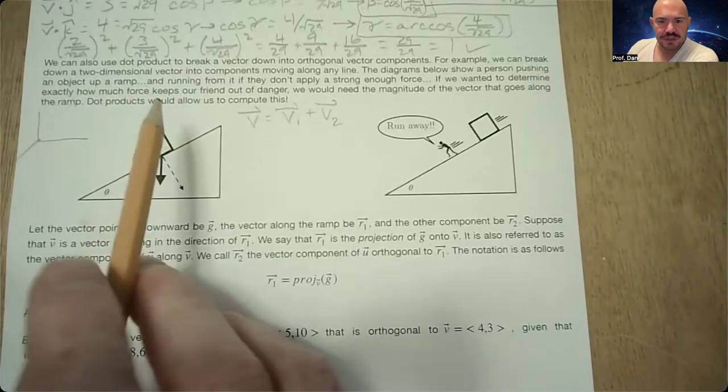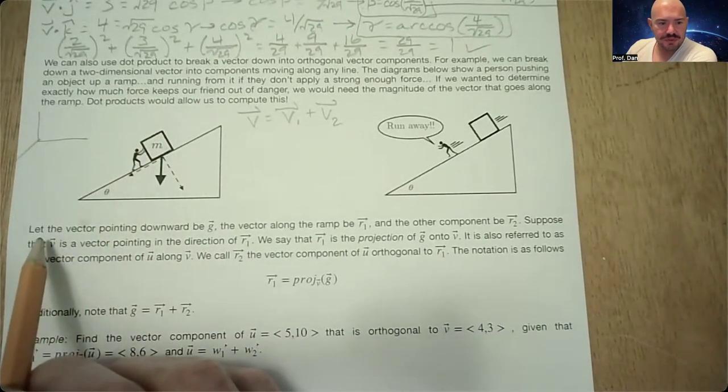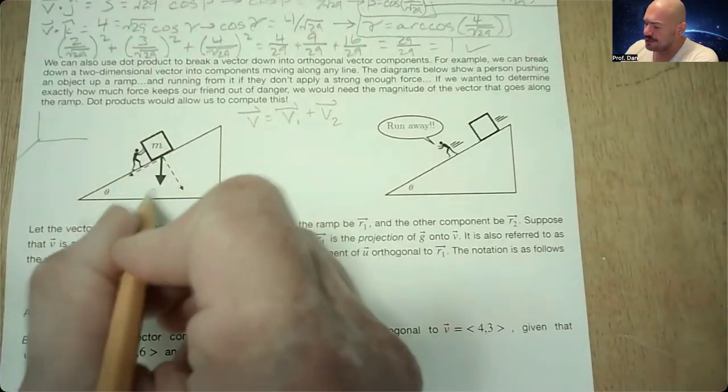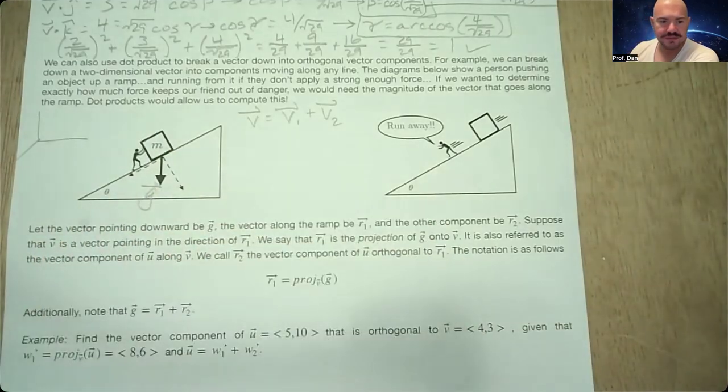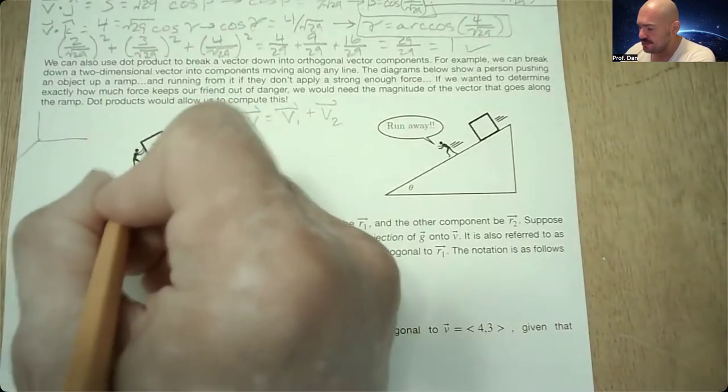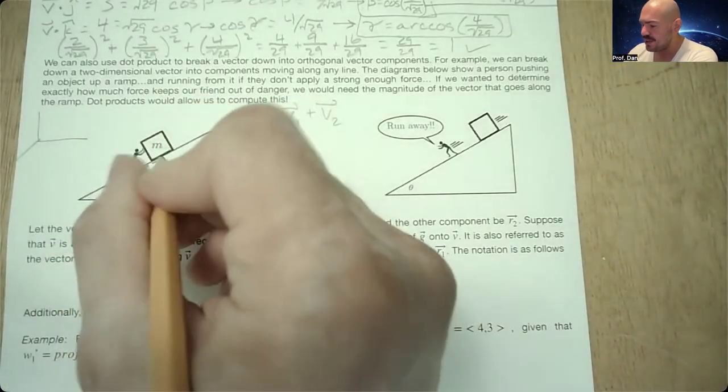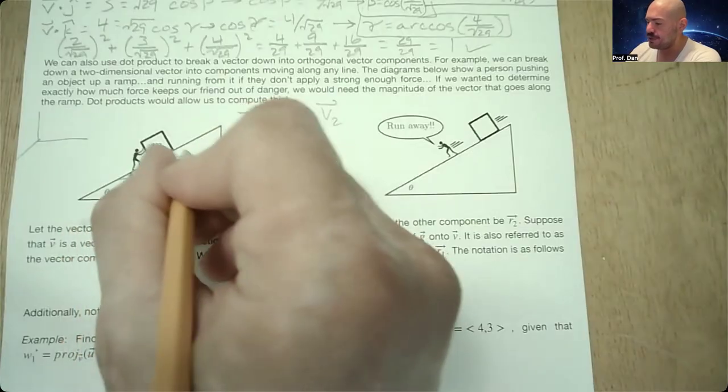All right, so the vector pointing down, we're going to call G for gravity. The vector along the ramp is R1, and the vector that's orthogonal to R1, we're going to call R2.